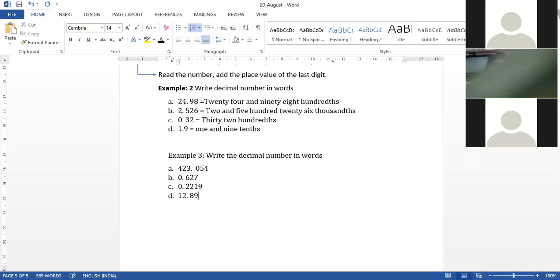Write, everyone, fast. Write the decimal number in words. First question 423.054, 0.627, 0.2219, 12.89.